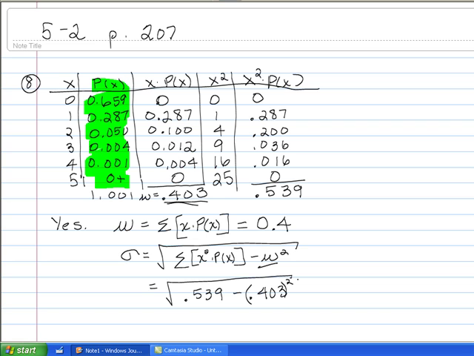So I'm going to take the square root of 0.539 minus the 0.403 squared. Close that off, and I get 0.613, etc. So for the purposes of this problem, my two answers would be 0.4 for the mean and 0.6 for the standard deviation.